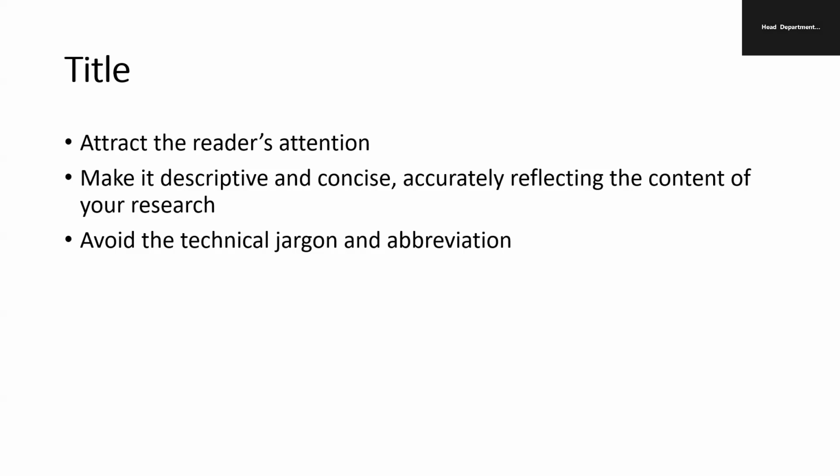Like this. Don't include any abbreviations in the title. Right. I think it's clear. If we have checked any mediating effect or moderating effect, we have to include that also, right?